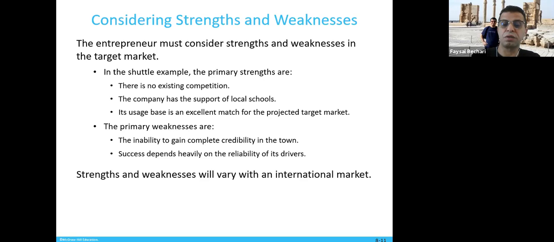A company could have the support of local schools or local universities or local government. These are things that you can look at, and it's usually based on an excellent match between them.